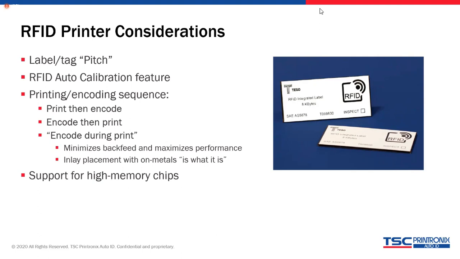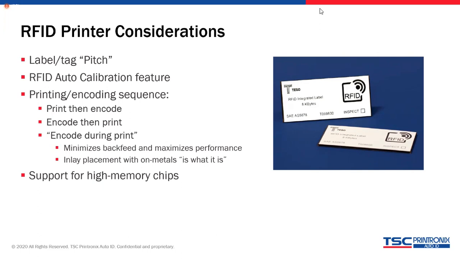So the printer does not care where the inlay is located. The inlay might be a little more forward or a little further back in the label. This is a big deal with standard smart labels. Imagine a big 4-inch by 6-inch shipping label, and that inlay could be in an infinite number of locations.